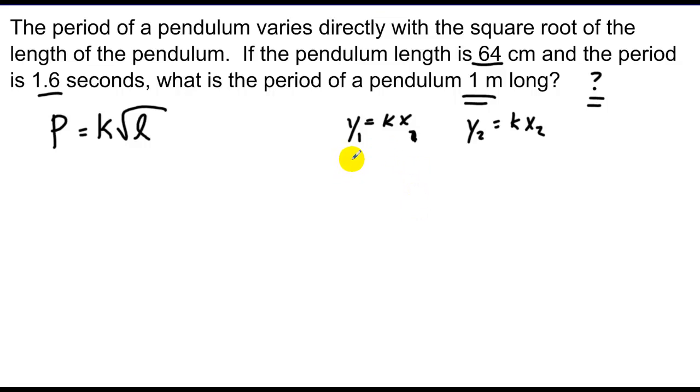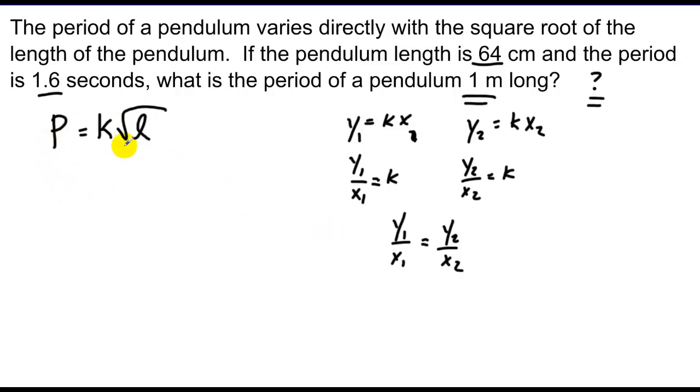I know that if I was to divide here, y1 over x1, that's equal to k, and then I have y2 over x2, that's also equal to k. So doesn't then y1 over x1 equal y2 over x2? And that's why they call it directly proportional, because now I have a proportion. I like setting anything up that has two situations in a proportional case.